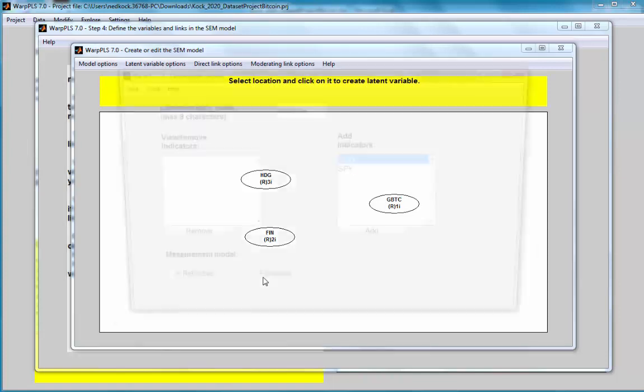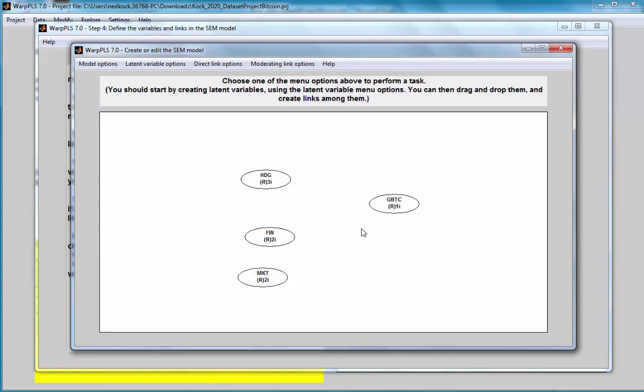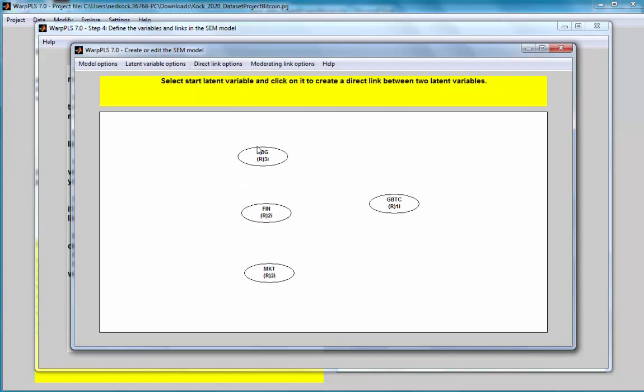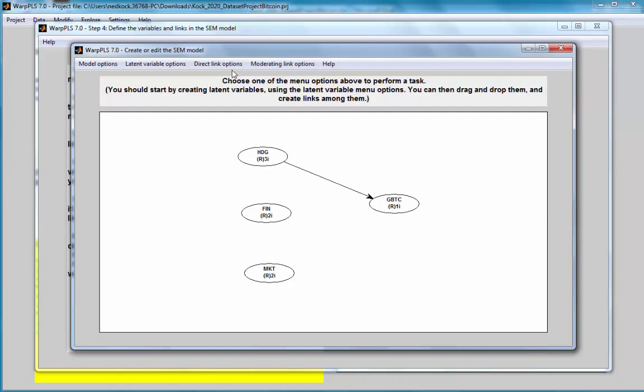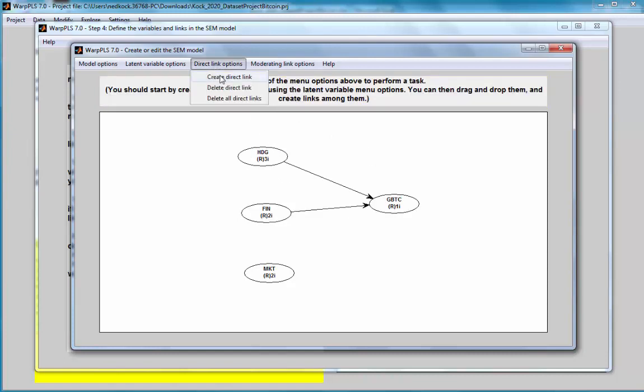Now I'll create another variable which will track the market, and it will be a combination of QQQ and S&P 500, QQQ being NASDAQ, and S&P 500 being tracked by the SPY ETF. So I have these variables. Now I'm going to create links between each one of these possible predictors and the price of Bitcoin.